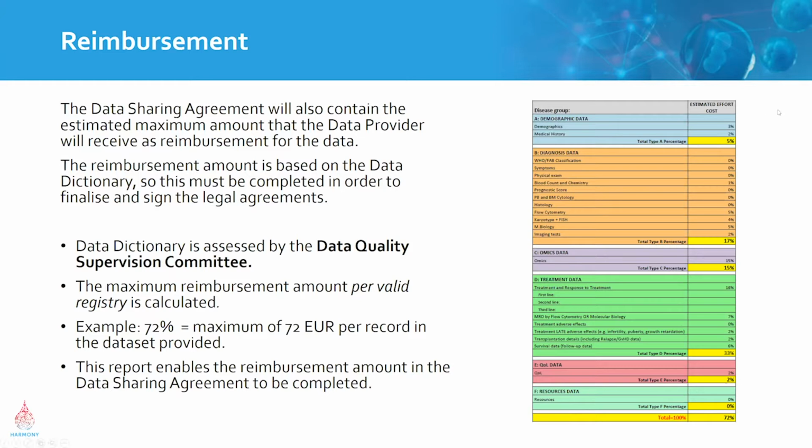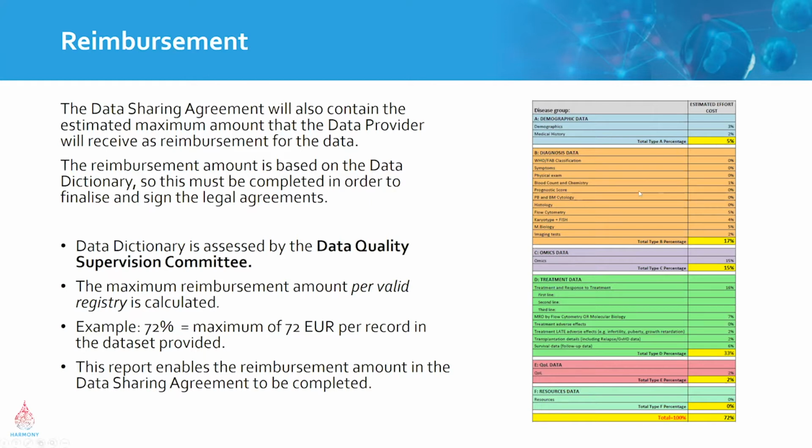And essentially on the right-hand side here, it gives you an example of how they come up with this amount. Depending on what kind of data you've got, be it demographic data, genomic data, etc., your data set gets awarded points. And then at the end, you have a percentage.